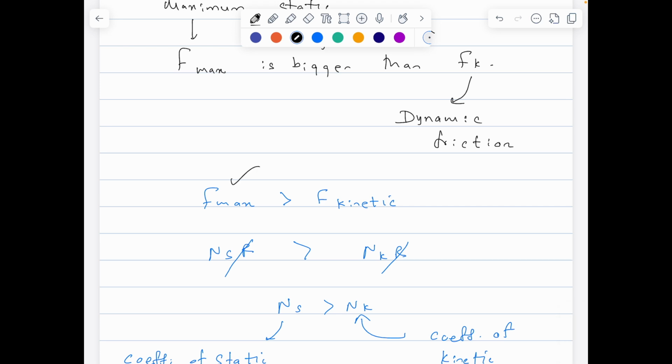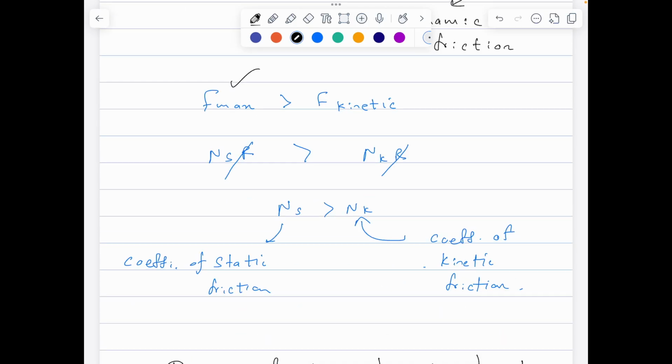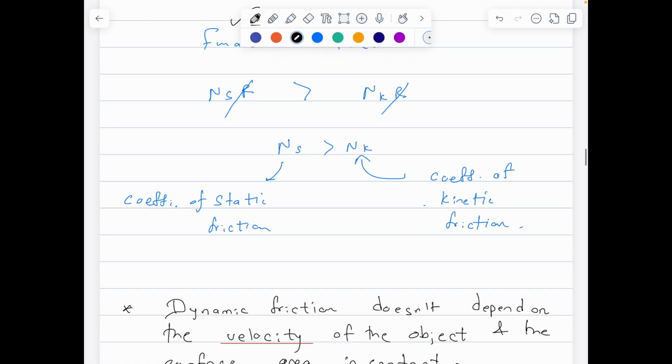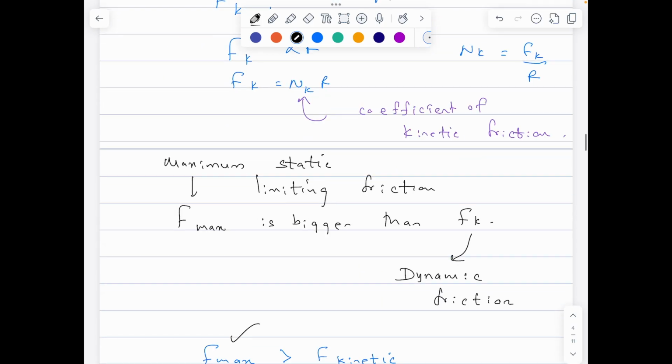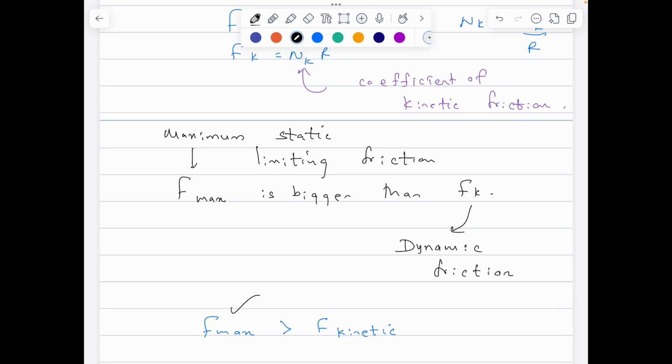You know that static limiting friction is greater than kinetic friction, but static limiting friction can be written as mu s R, and kinetic friction can be written as mu k R. Coefficient of static friction is mu s, and coefficient of kinetic friction is mu k. So once the reaction cancels off, you can see mu s is greater than mu k. All right. So you can see the maximum static limiting friction F max is bigger than Fk, which is the dynamic friction.